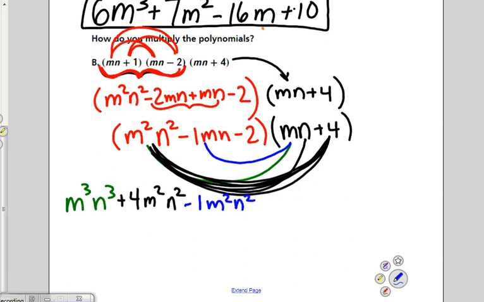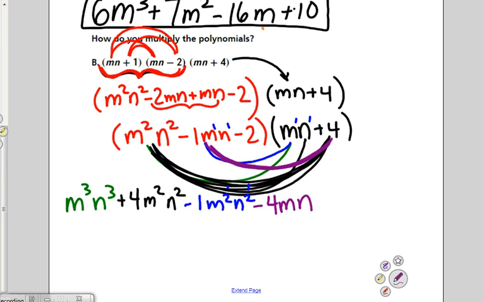Anytime 2 variables multiply, you're going to have the exponent increase. The 1 and the 1 goes up to 2. Okay? Where was I? Back up here. Negative 1mn times 4. You can see this gets messy. You have to try to stay organized. Negative 4mn.